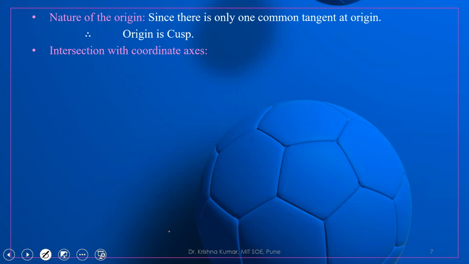Now, intersection with the coordinate axes. The equation is y square times 2a minus x equal to x cube. So let us put x equal to 0. Then this is 0 and 0 upon 2a means it is 0, so y equal to 0.